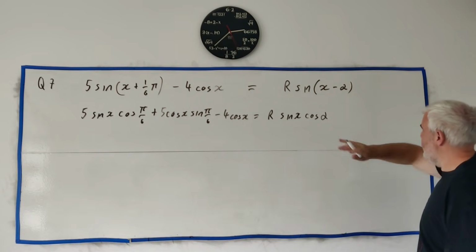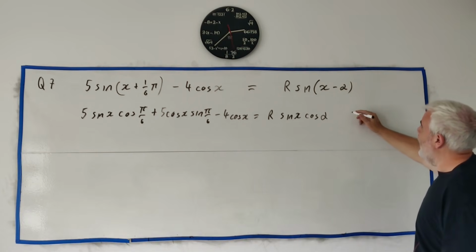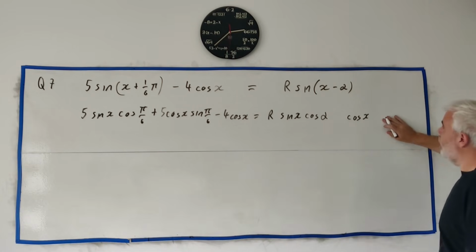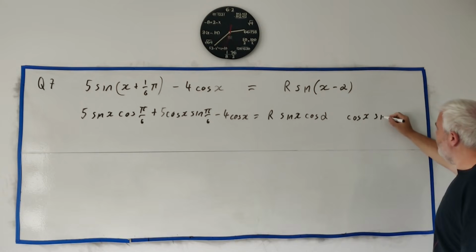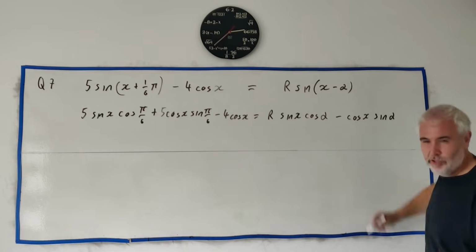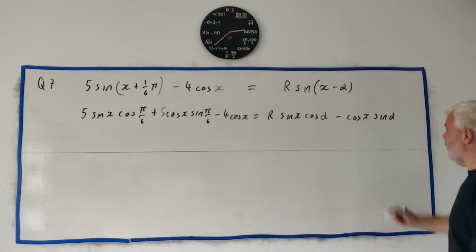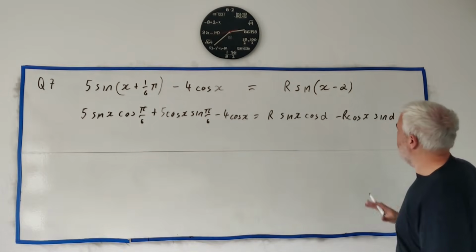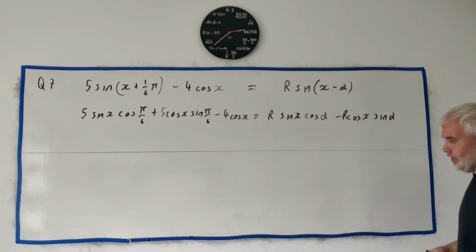I'll leave the plus off for a second and you'll see why. So that's cosine of the first angle, which is x, and sine of minus alpha. Well, sine of minus alpha is the same as minus sine alpha. So that plus became a minus. That's why I left it off. Oh, sorry, I keep forgetting my R there as well, my multiplier factor. So this is what we have if we expand all these out.